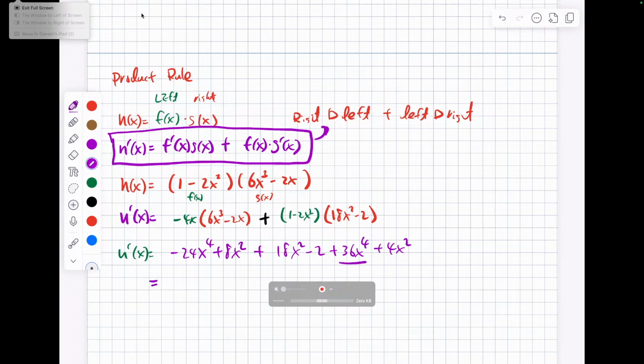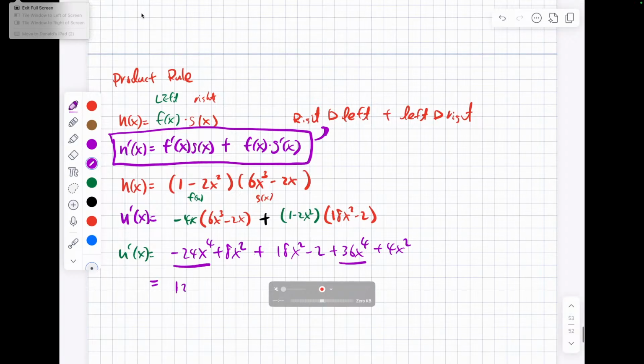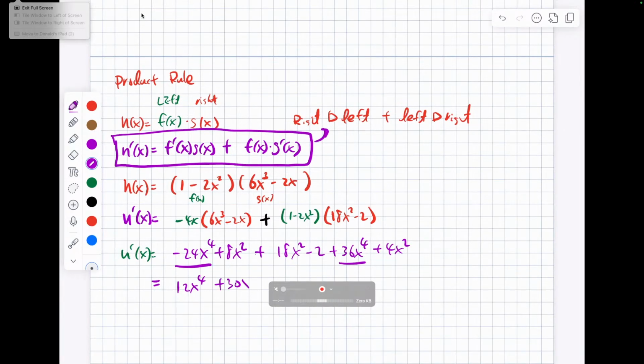With this combined, it's going to be 12x to the 4th. All the x squared combined is, I believe, 30x squared. Isn't it negative? Yeah, negative 30. It is negative. Sorry.